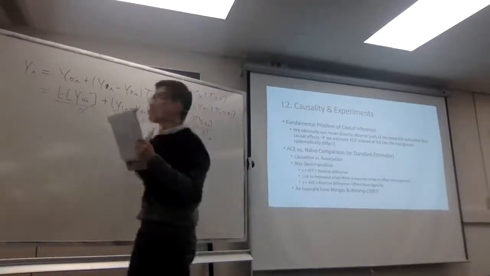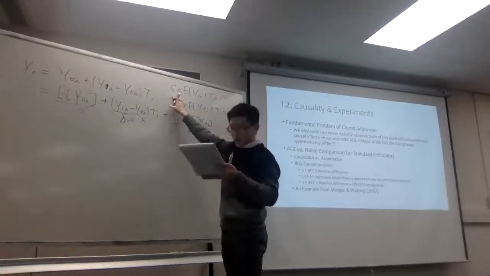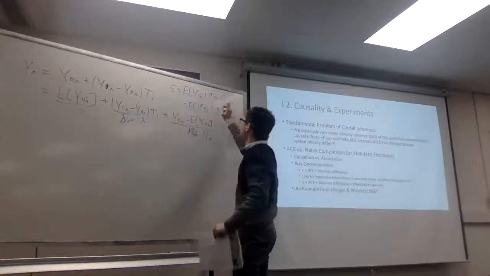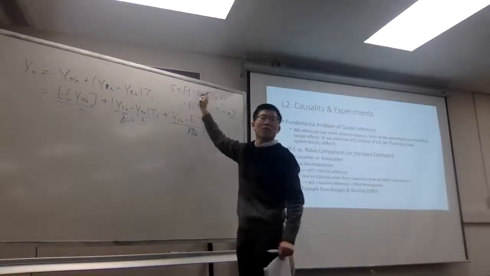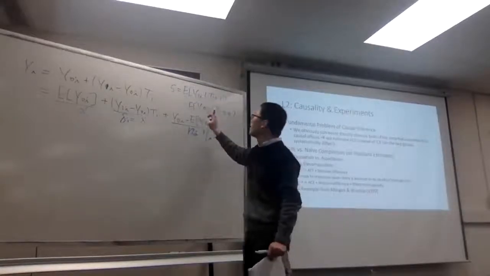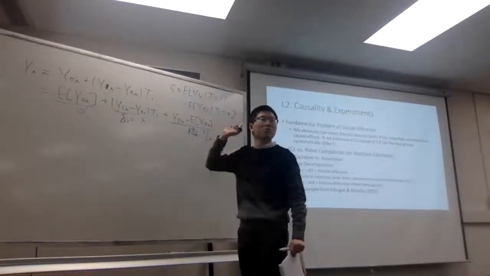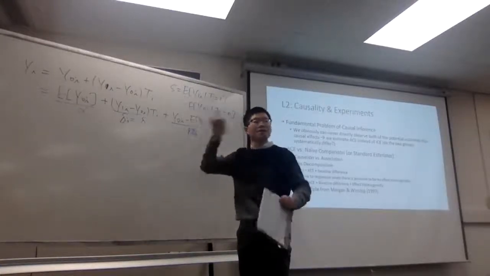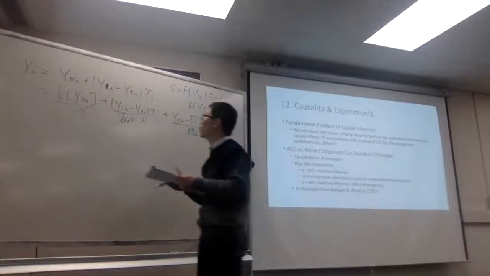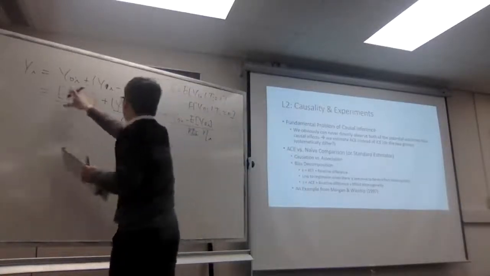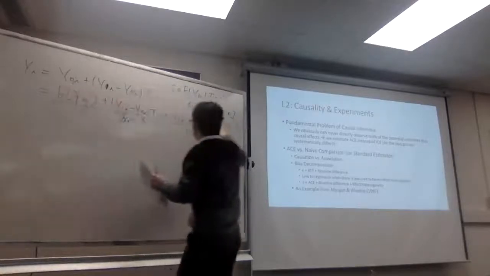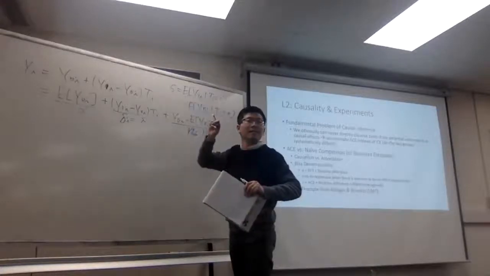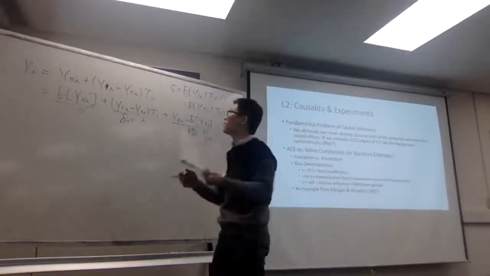So the naive estimator is the potential outcome when they're treated for the treatment group, and the potential outcome of being controlled for the control group. This is the naive comparison. The next task is to make this regression line comparable to the S right here. How would you do that?